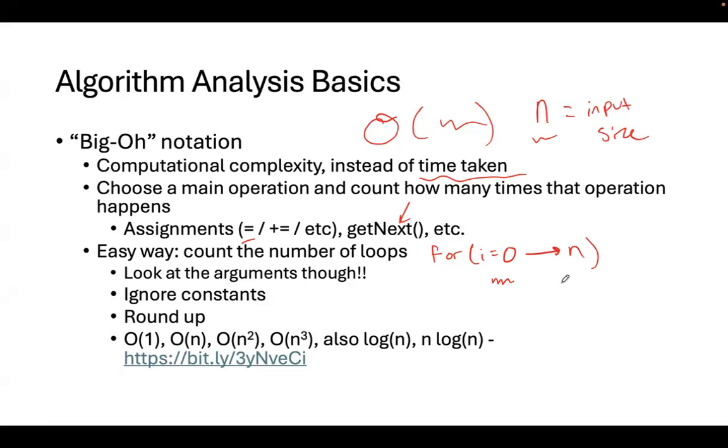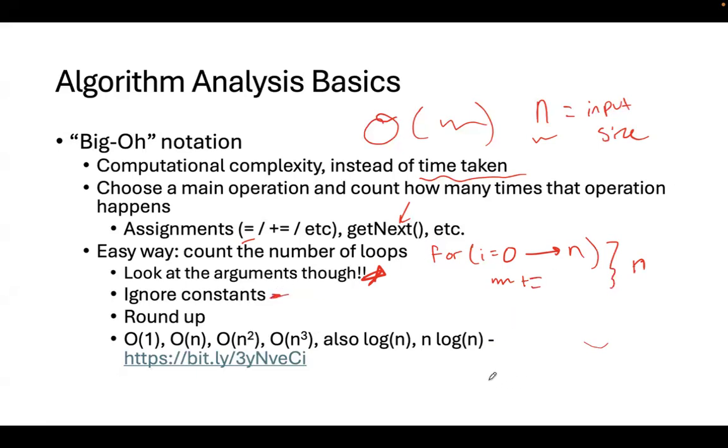So if we had some plus equals and that was our operation, then since it's in terms of n, it would happen n times. Make sure you look at the arguments when you do this, because it's not always as simple. So sometimes we don't go from 0 to n minus 1. So make sure to read carefully.